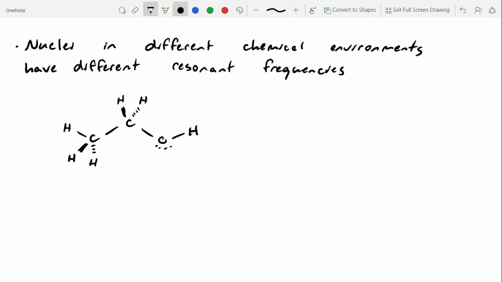Now the question is, how many unique protons are in this molecule? 3. Okay, let's take a look. If we look at this proton, are there any other protons in the exact same chemical environment? Meaning, are there any other protons that are directly bonded to an oxygen with all the same neighbors and everything? No. So that one's unique. So we'll see a proton corresponding to that red guy.